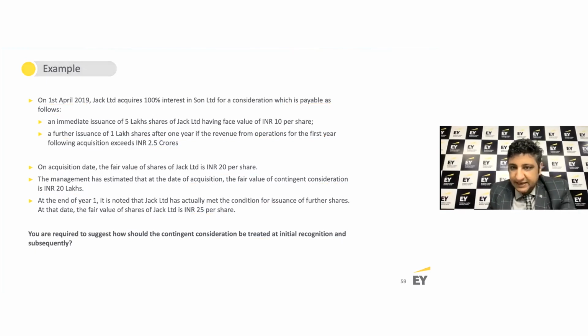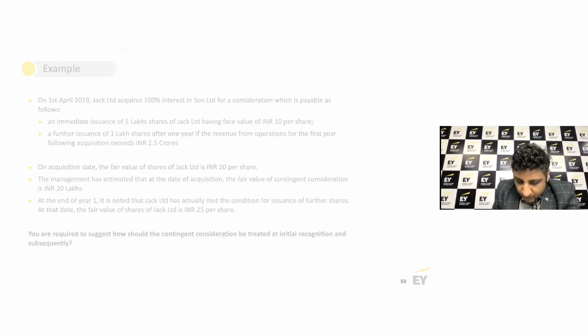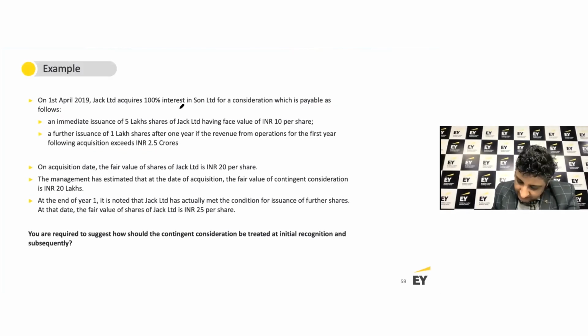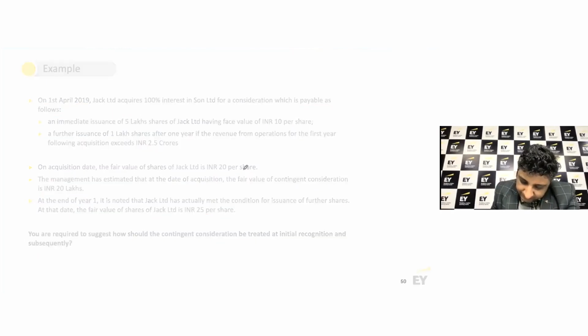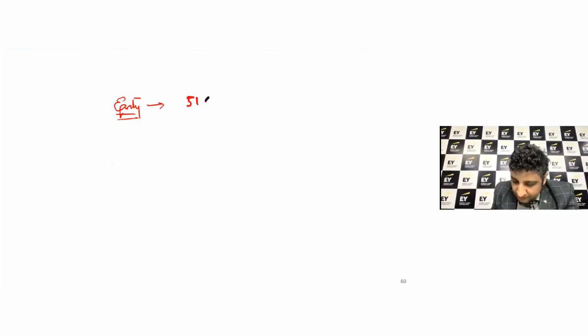Let's take that as well. Equity is to the extent of 5 lakh shares, and we have provided that the value per share is 20. That makes it, of course, 1 crore rupees.